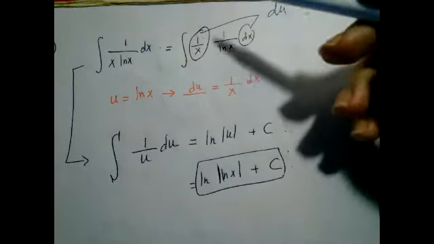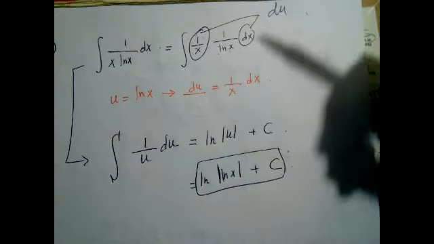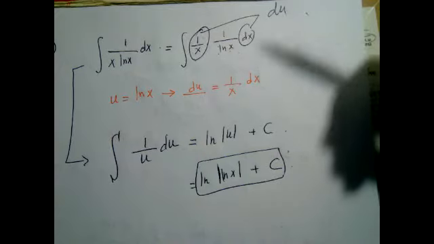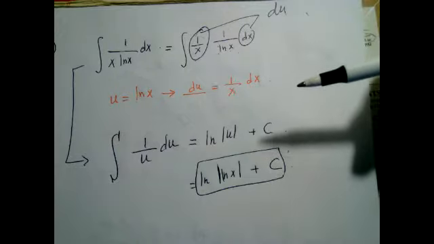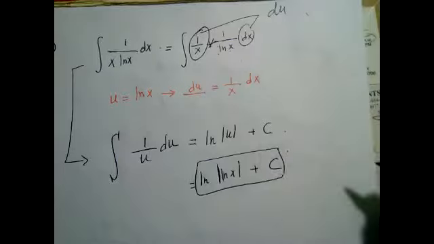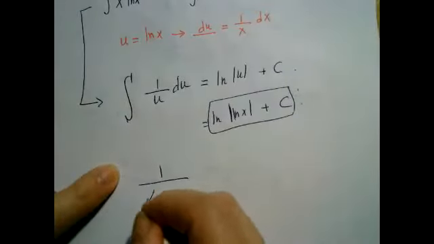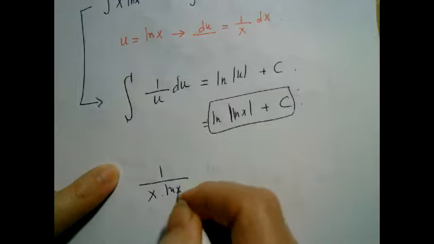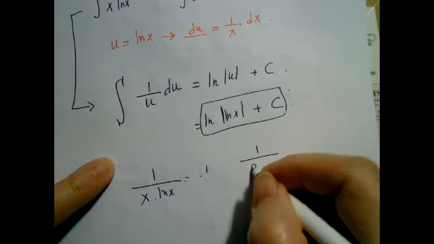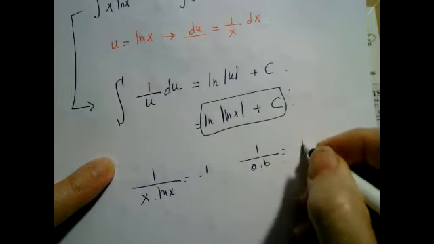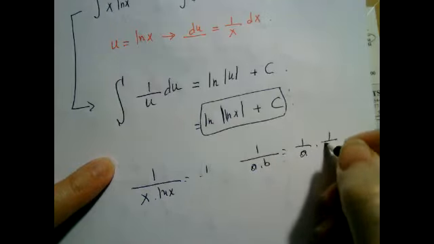Yeah, I was just trying to rewrite it so you can see the derivative of ln inside the integral. That's rewriting it. Because 1 over x ln is basically, if you have 1 over a times b, it's 1 over a times 1 over b.